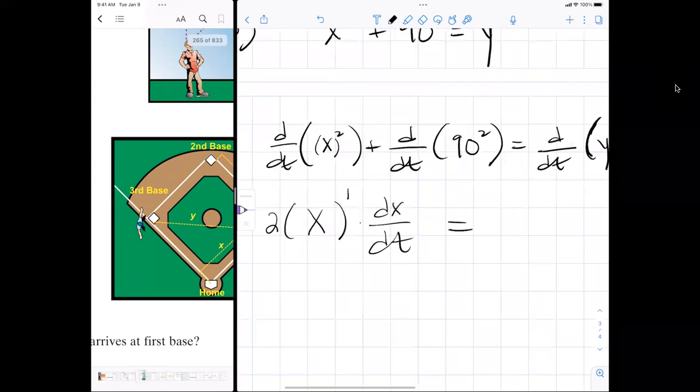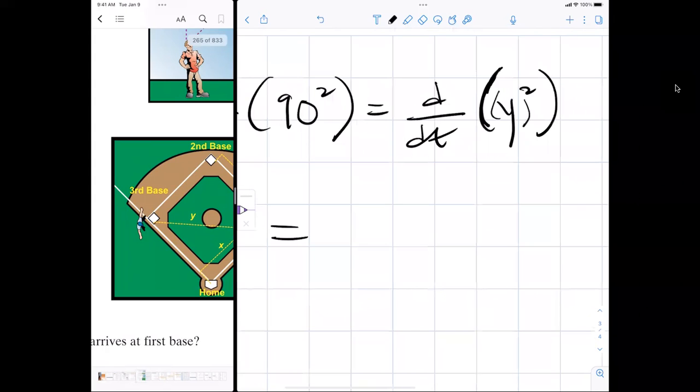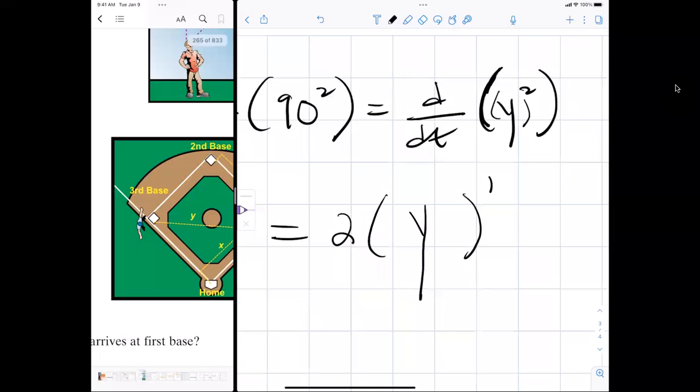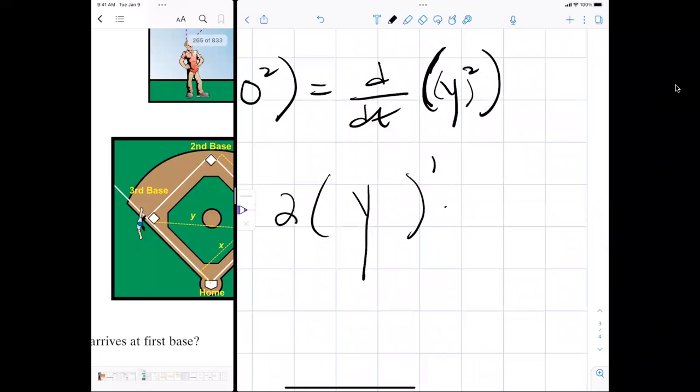And then to differentiate the y squared term, again, I'm thinking of the exponent of 2 as being the outside function, y as being the inside. So bringing the 2 down, subtracting 1 from the exponent to differentiate the outside, leave the inside alone, and then multiply by the derivative of the inside with respect to t.